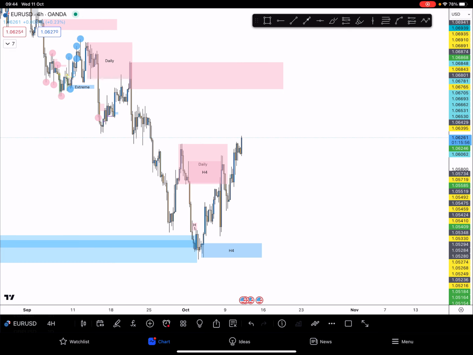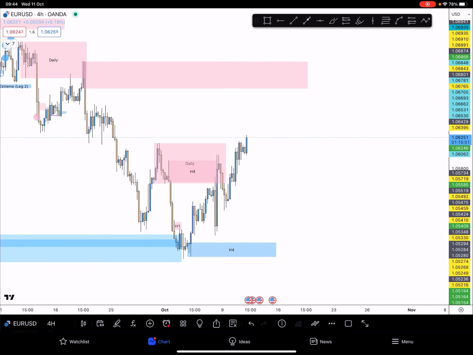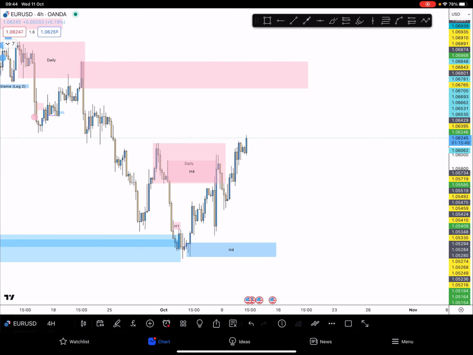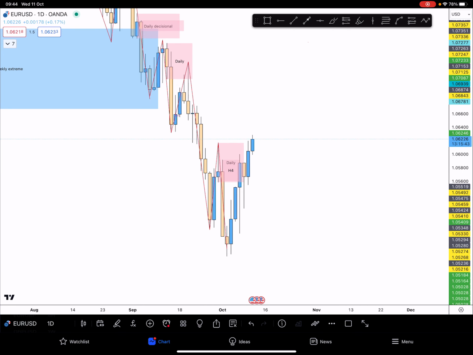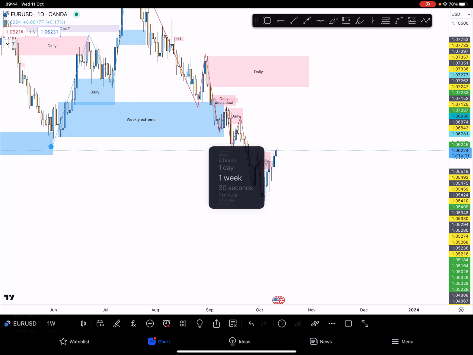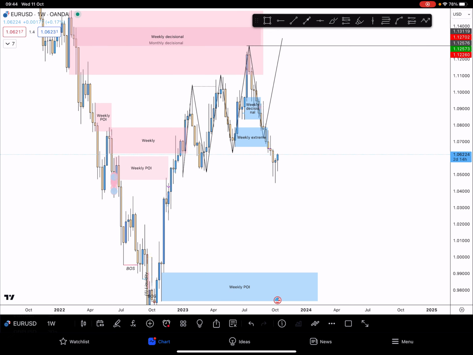So yes, H4, as you can see, we keep pushing higher. And if you remember, if I'm not mistaken, let me go back to the higher time frame. Yeah, as I said, the higher time frame is showing us a bearish move, and the lower time frame was showing us bullish movement on Monday.